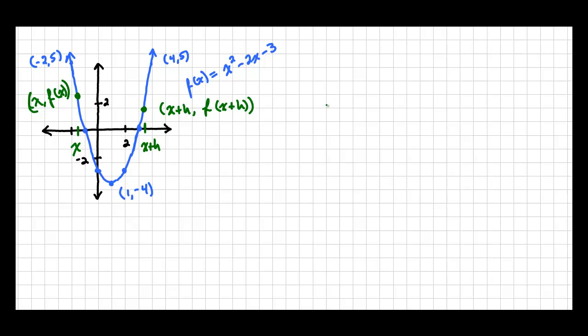So if you try to find the slope of the secant line in this generalized formula, it's going to be the difference in the y values, so it's going to be f of x plus h minus f of x.